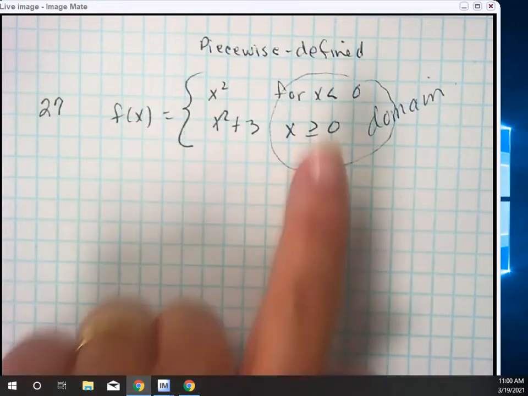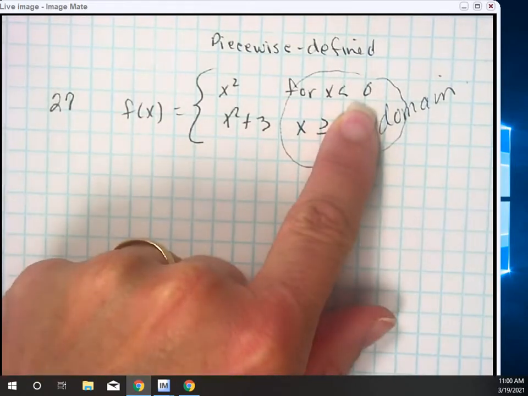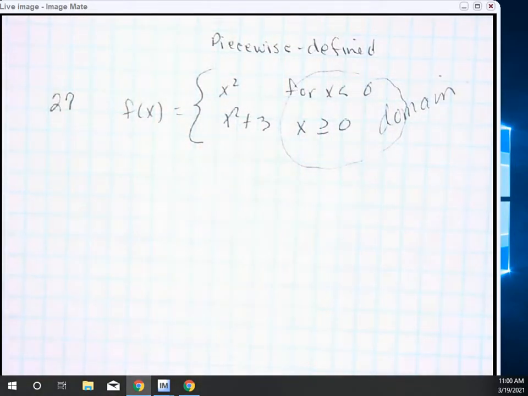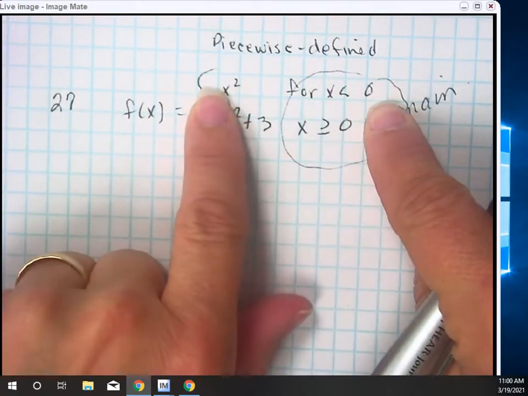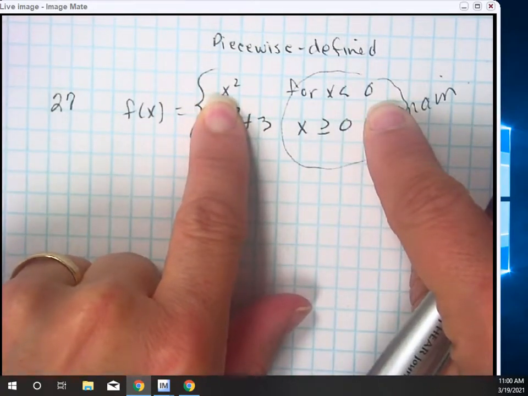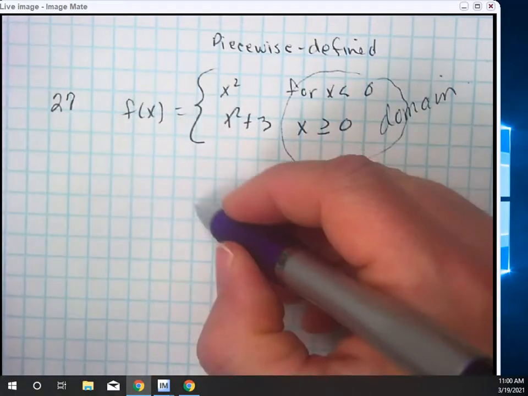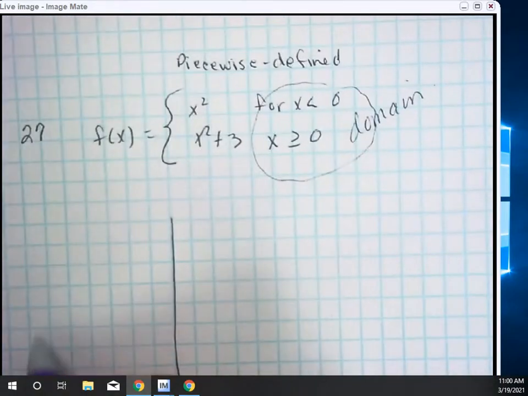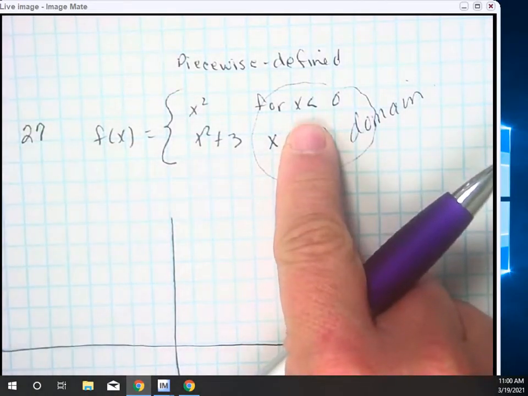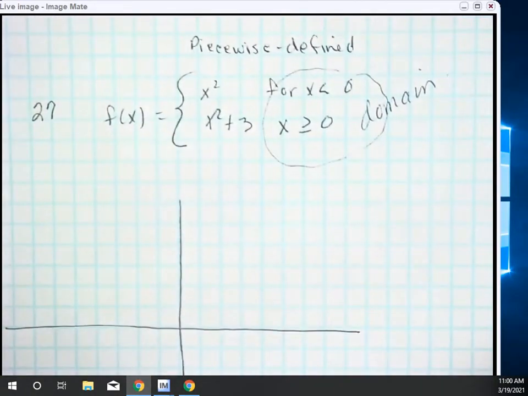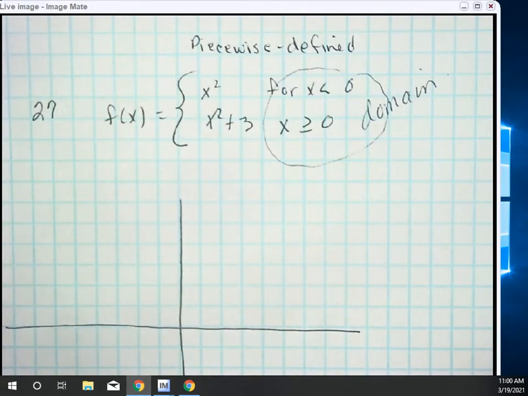Okay. Since this is where I'm splitting my graph left and right, I'm going to put that number, 0, in for this first value. Well, what is 0 squared? 0. And x is less than 0 is which half of my graph? Left or right?